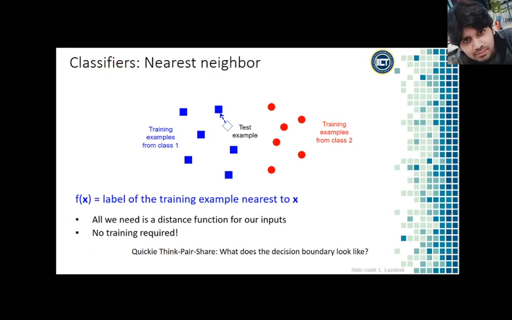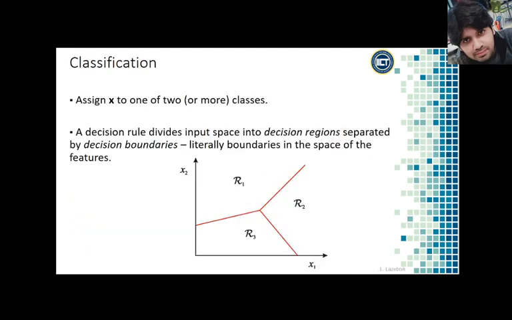Now, by visualizing this, the question we want to ask is, what does the decision boundary look like in this case? This is one example of decision boundaries. As I said, a decision rule divides input space into decision regions separated by decision boundaries. So this is a decision boundary which separates region 1, region 2 and region 3.